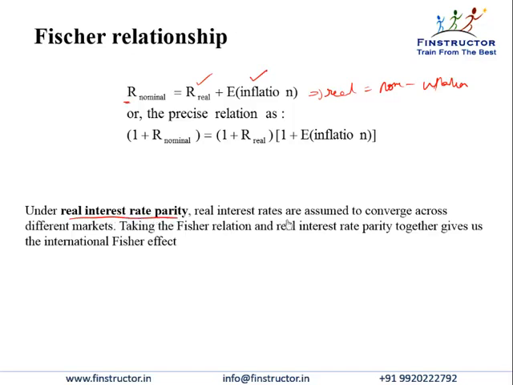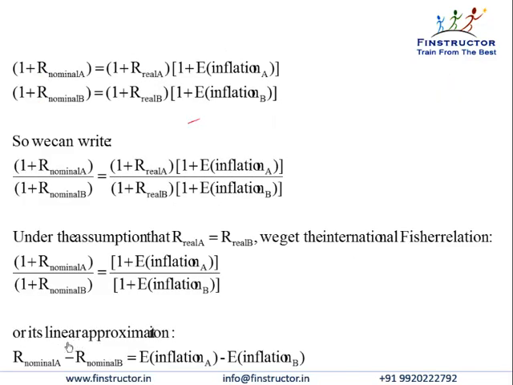That is, real rates are assumed to converge across different markets. So the linear approximation is what will be used and what is now in the curriculum, which says that the difference in the nominal rates between two countries is explained by the difference in the expected inflations. Real interest rates are constant across the world.